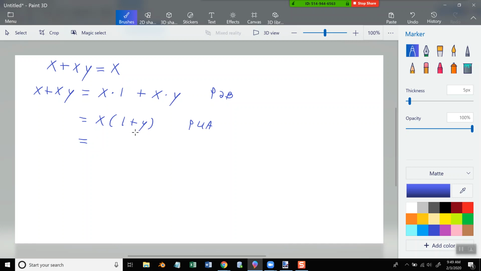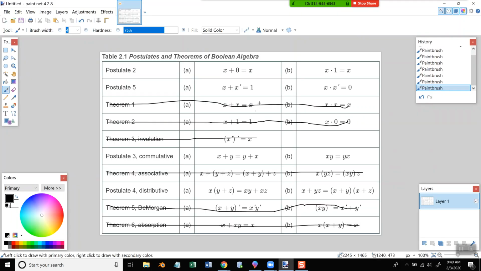1 plus. 1 plus. I can rewrite the 1 as this, although it probably makes more sense if I rewrote it as y's instead of x's.